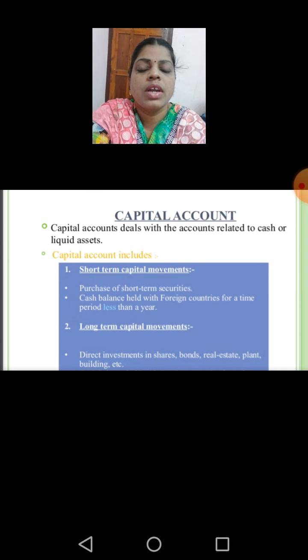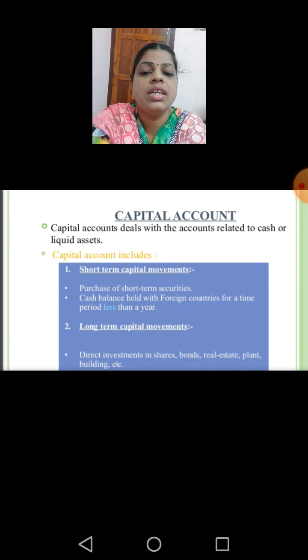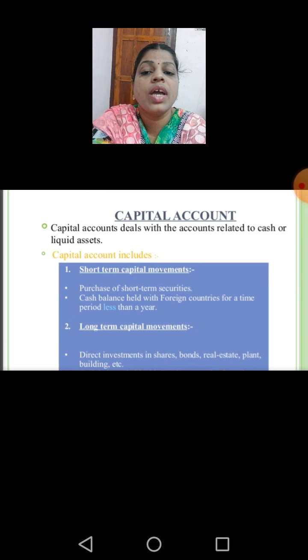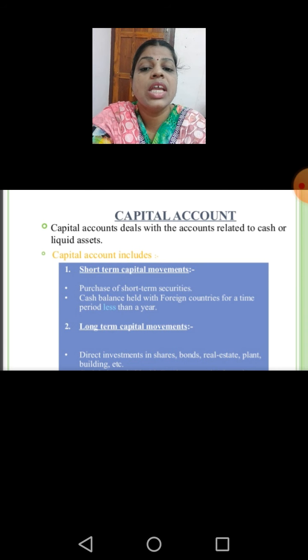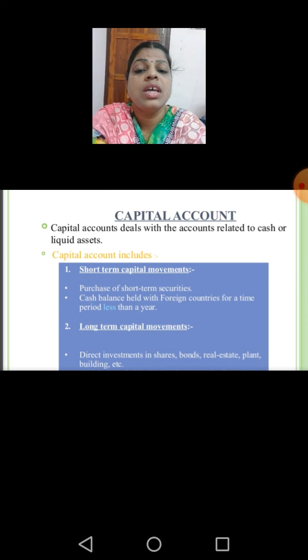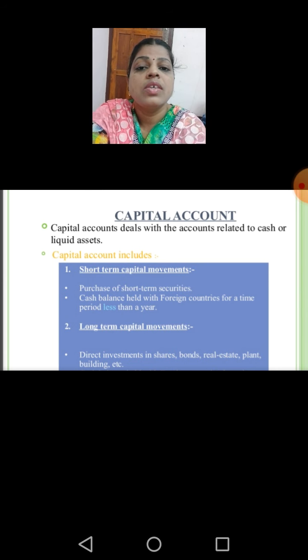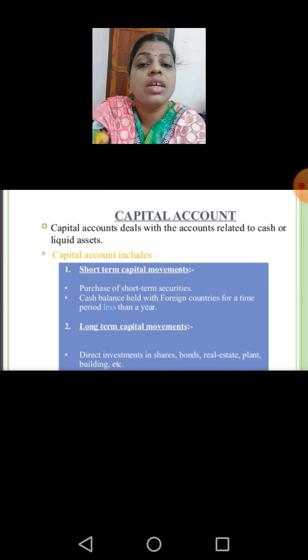Here the capital account deals with the accounts related to cash or liquid assets. So what do liquid assets mean? Liquid assets means assets which can be easily converted into money, isn't it? Cash is the most liquid form of money also.